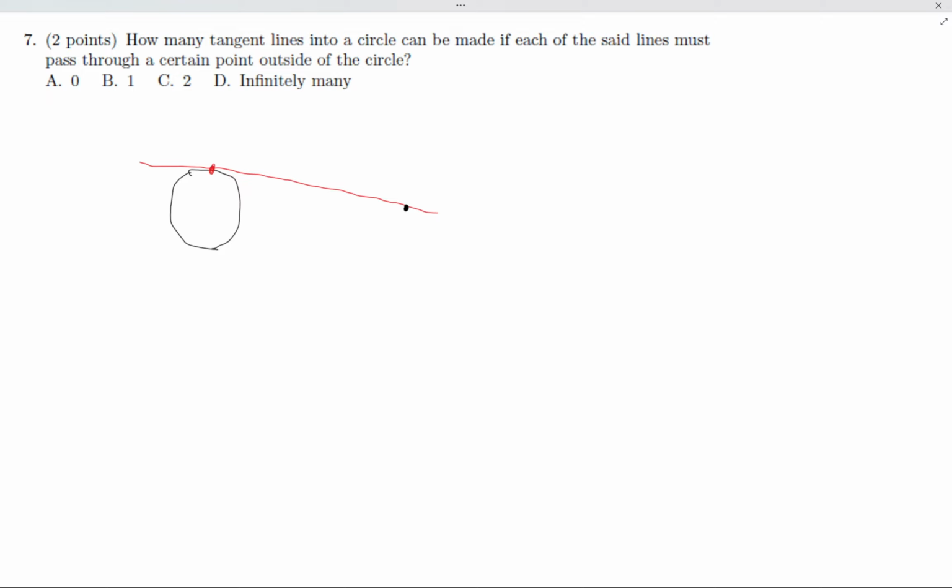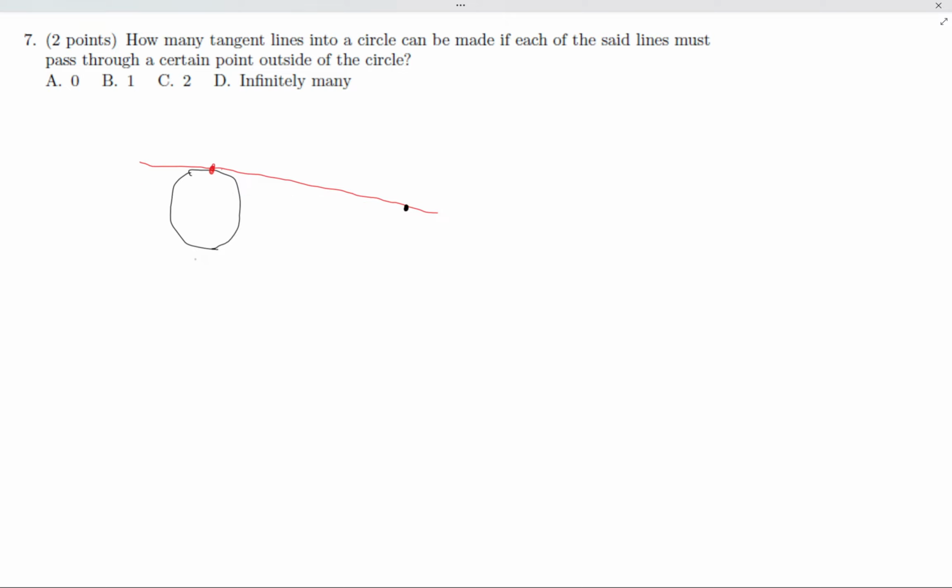We cannot draw any more along this side, because if we do so, we will intersect the points nearer to the given fixed point outside. If we draw another tangent line like this, we cannot really do that because it will have to intersect the circle twice.